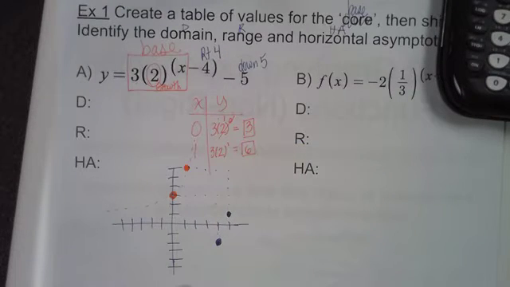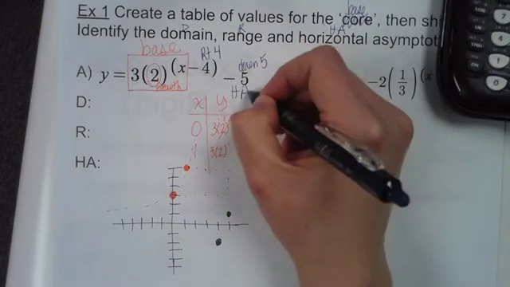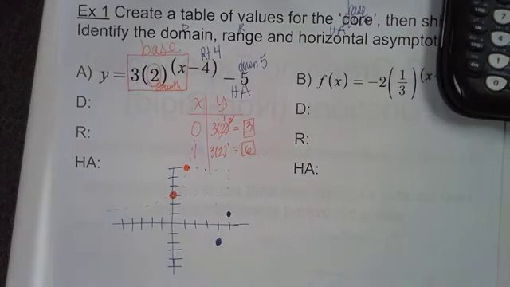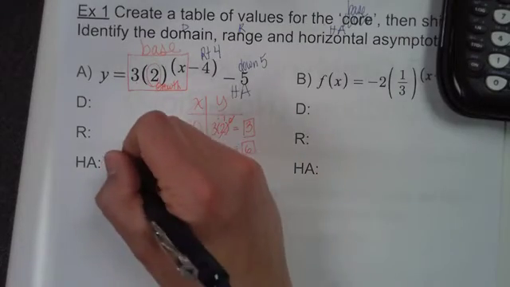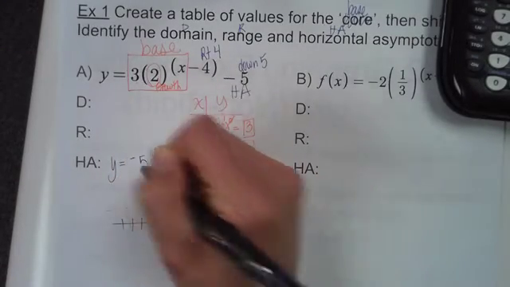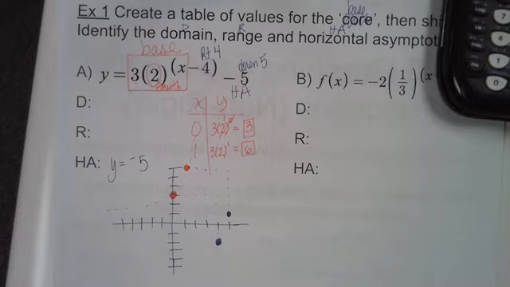Before I connect those dots in a nice exponential growth curve, what is my horizontal asymptote? Yeah, right here, always, always, this last add subtract number: y equals -5 is my horizontal asymptote. I'm going to draw that in first.